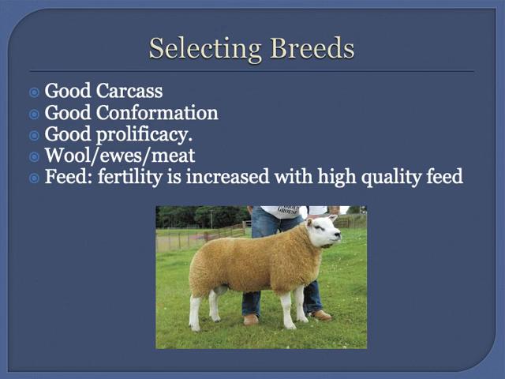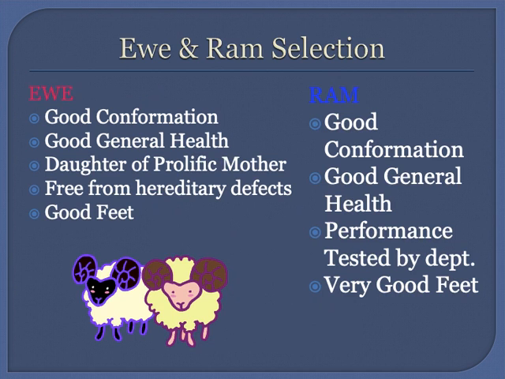So if you're selecting breeds, what would you select them based on? It goes very much to what you would have been talking about when you were looking at your cattle. So you're looking for good carcass quality, good conformation, good prolificacy in the case of your ewes. Then you've also got to think about what feed is available to them, because fertility is increased with the high quality feed.